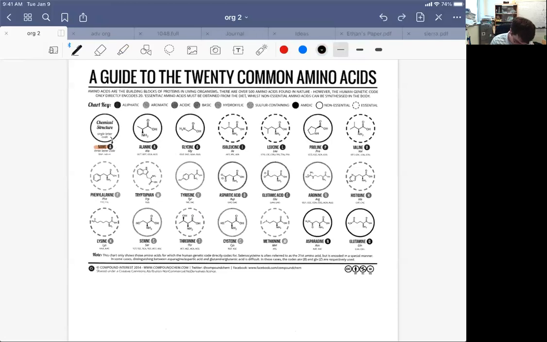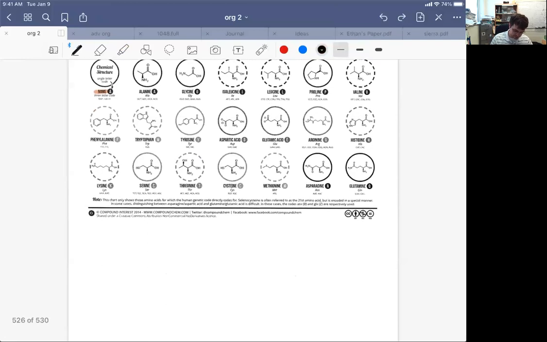Now, in addition to the one-letter code, we've got a three-letter code, which could be ALA, GLY, ILE, depending on the amino acid. We just have so many different ways of thinking about and communicating the structure of these amino acids. In each of the cases, the R group is different. Let's remind ourselves about the amino acid structure.